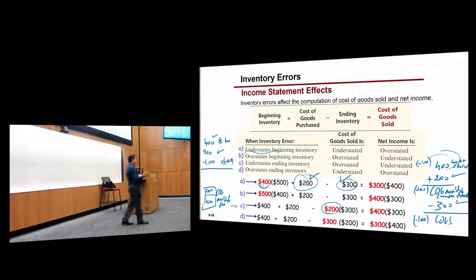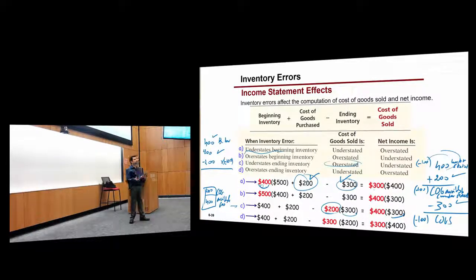It's supposed to be 300. When you look at the cost of goods sold, did you overstate it or understate it? You overstated it. So here, the cost of goods sold will be overstated.